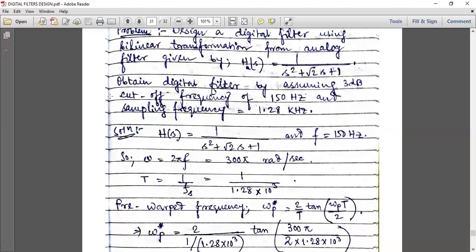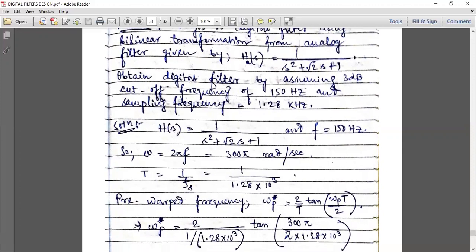Prewarp frequency is omega p star equal to 2 by T tan of omega p T by 2. So omega p star is what? 2 by T, T is 1 by 1.28 into 10 to the power 3, tan omega p T by 2. What is omega p?